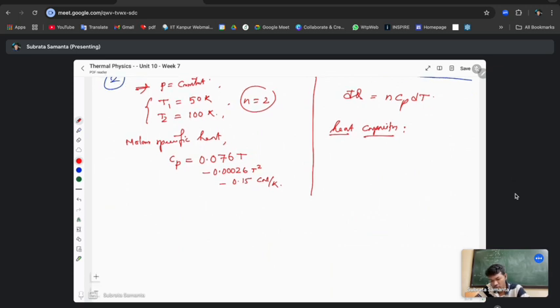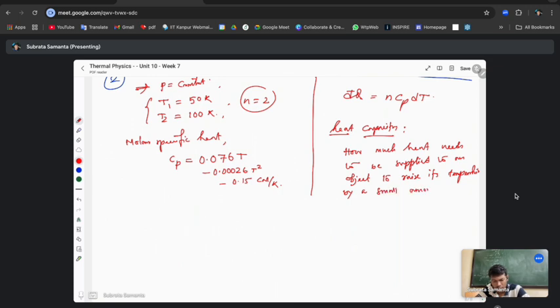Let's write it clearly. How much heat needs to be supplied to an object to raise its temperature by a small amount, let's say dT?